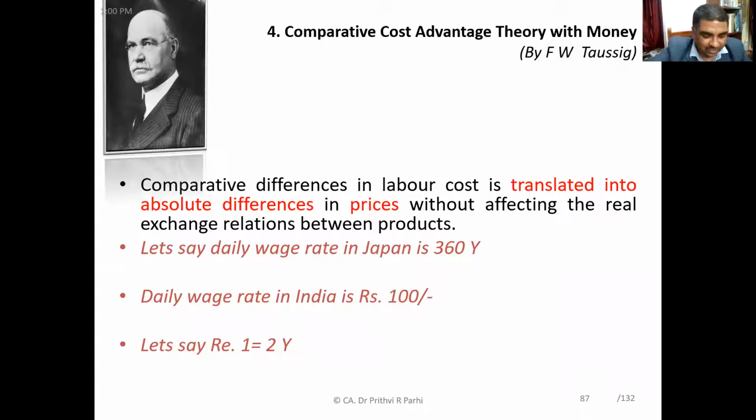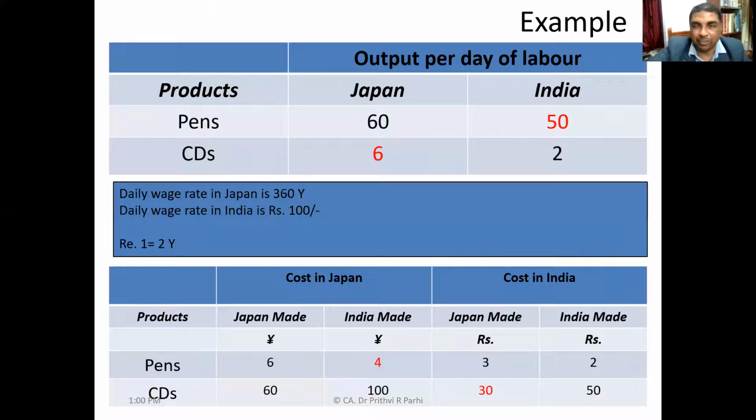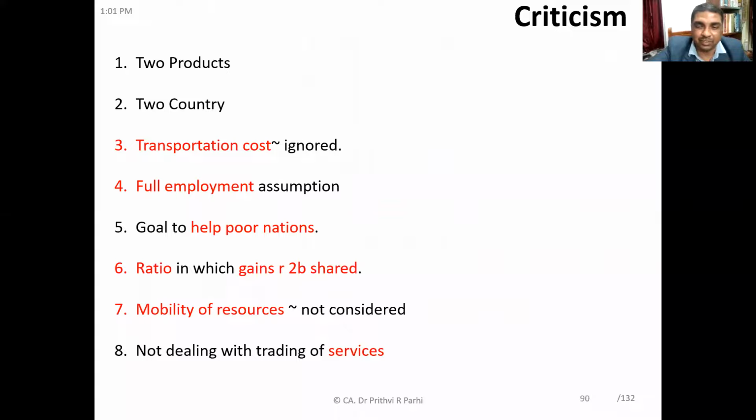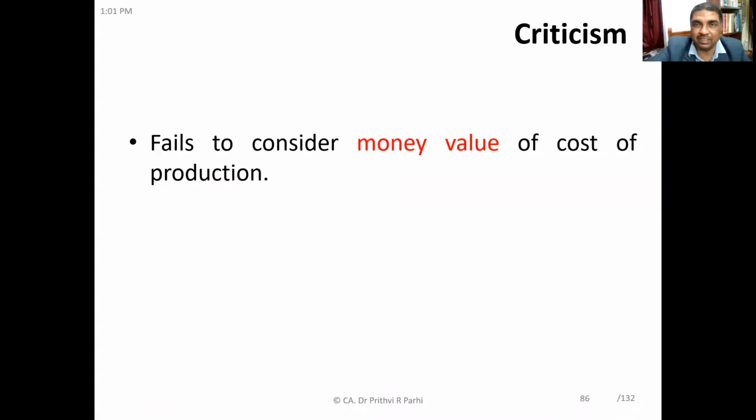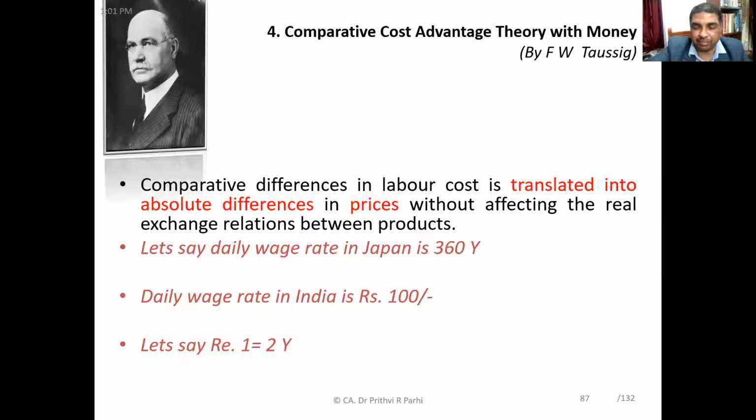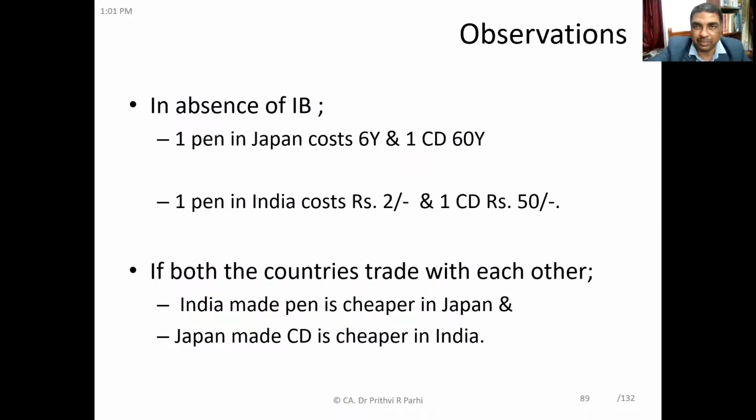Here, what he has done is convert the labor into money, and keeping in mind the exchange rates between two countries, he tried to compute which product is cheaper to produce and which product is cheaper to import. So accordingly, countries should decide what things they should produce and what things they should import. That is called the comparative cost advantage theory with money.